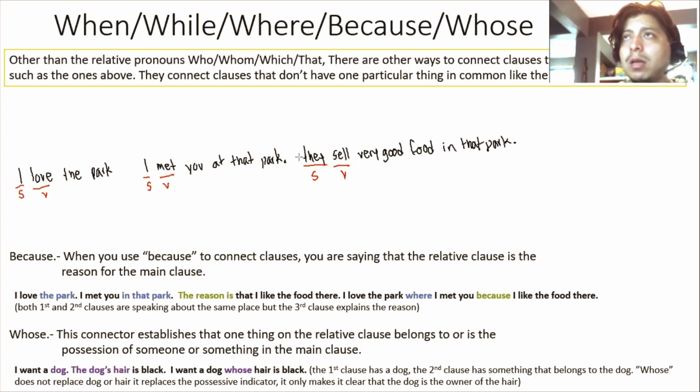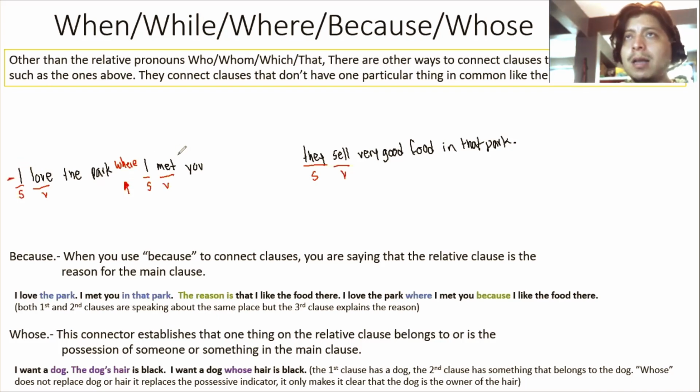So you can erase the periods. I love the park, I met you at that park. This place is the only thing they have in common. So I get rid of that park and I use the connector "where". I love the park where I met you. Okay, this is perfect.